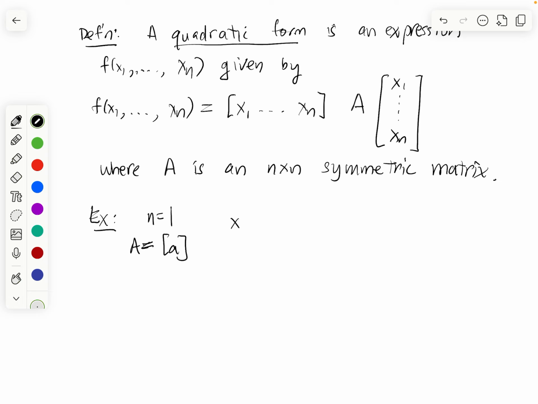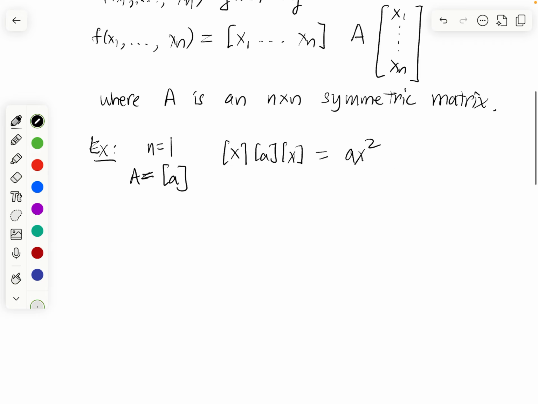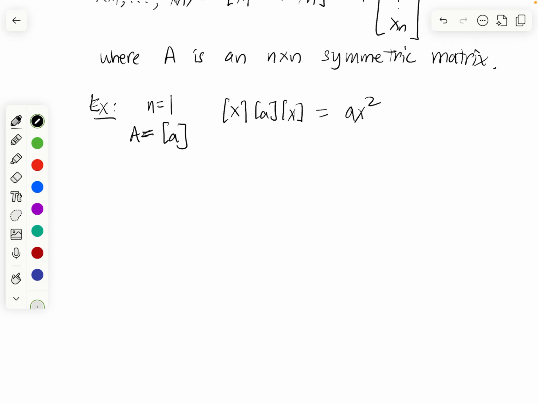So it's going to be x times A times x, and that's just going to be ax squared. So quadratic forms in one variable are just ax squared for different a's. All right, there's not much to say about that.